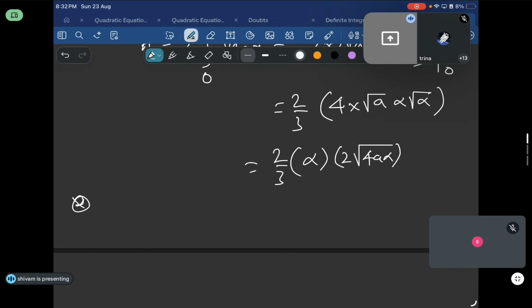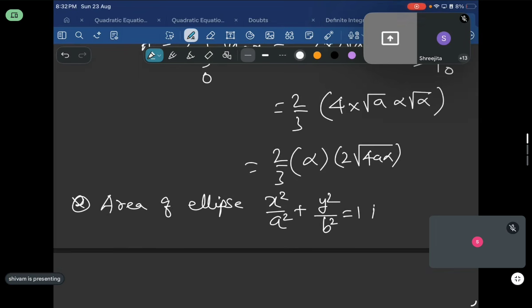You people remember the area of an ellipse? Area of a standard ellipse, x square by a square plus y square by b square, is pi ab.